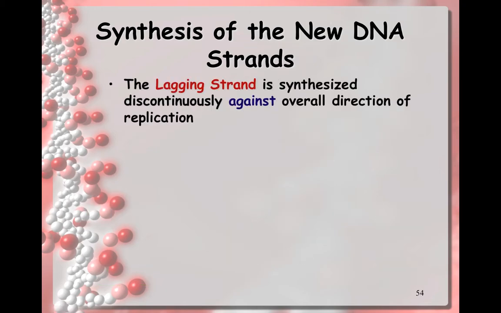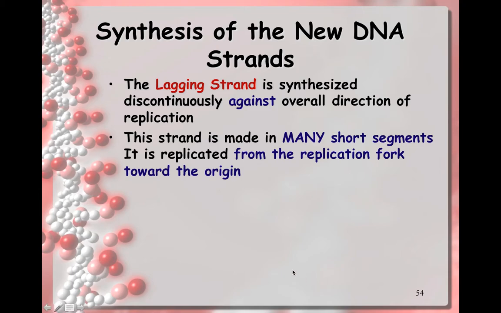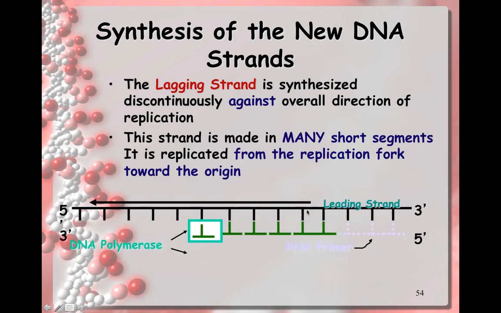All right, new DNA strands. There's also something called a lagging strand. It is synthesized, so created, discontinuously, so not in a continuous manner, against the overall direction of replication. So the lagging strand is made from many short segments, and it's replicated from the replication fork towards the origin.